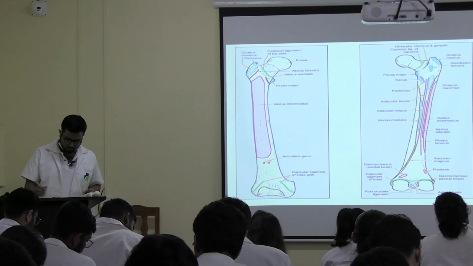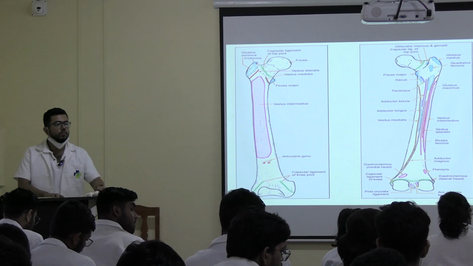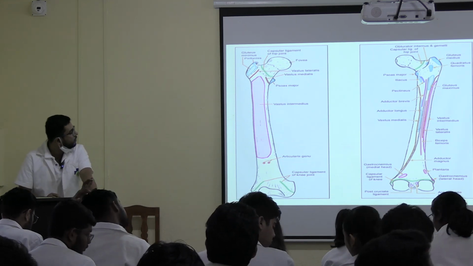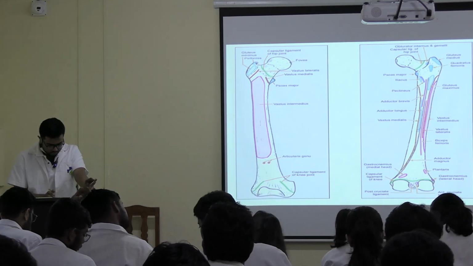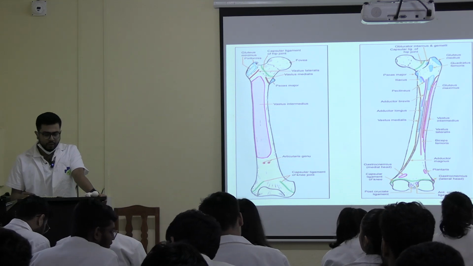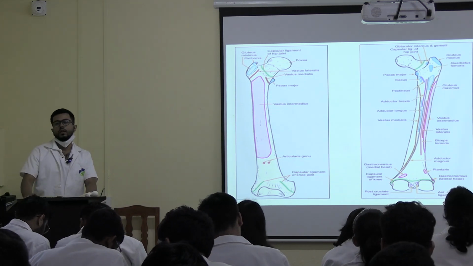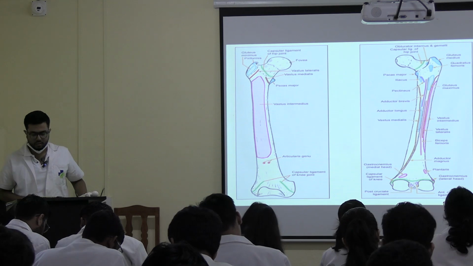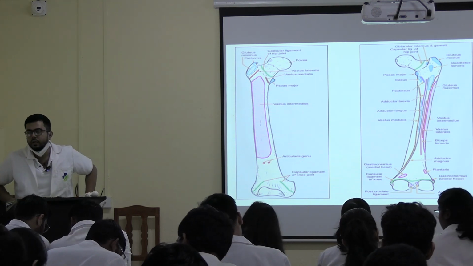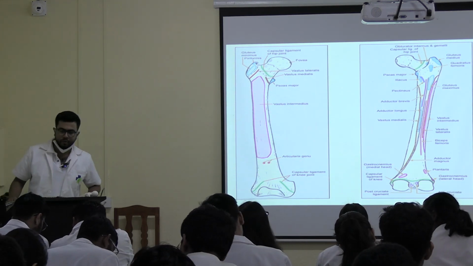The green line indicates the ligament, capsule and ligaments. Obturator internus and gemelli are attached on the medial surface of greater trochanter anterior to trochanteric fossa.